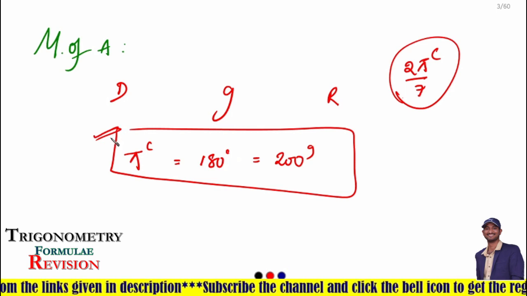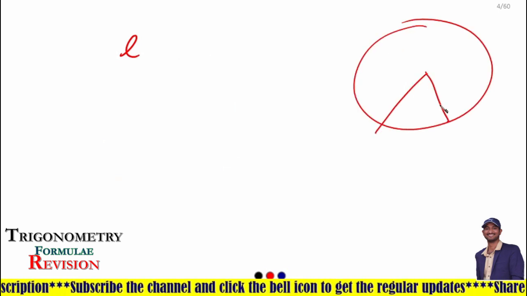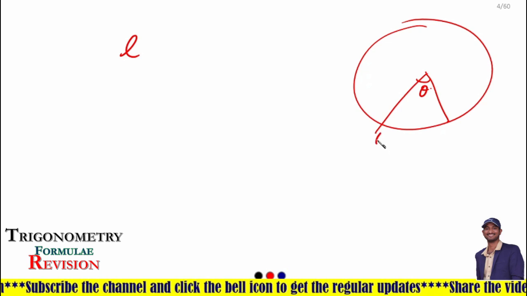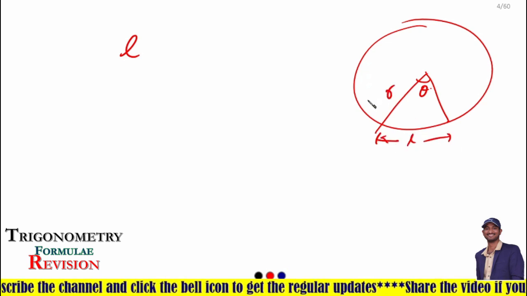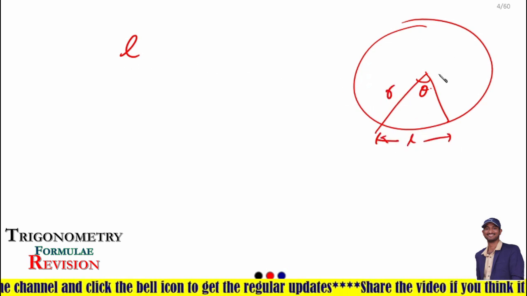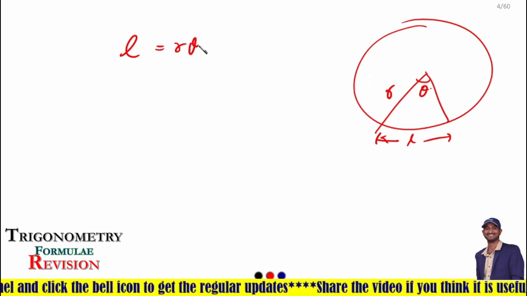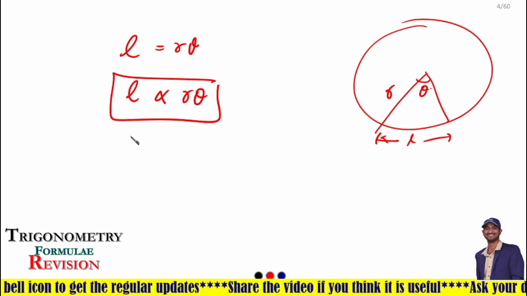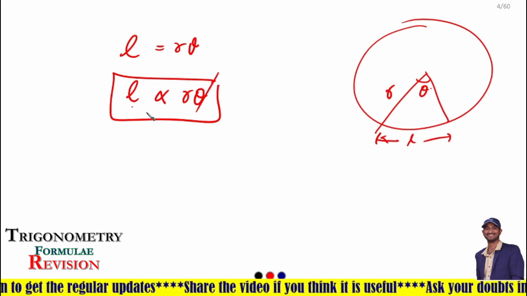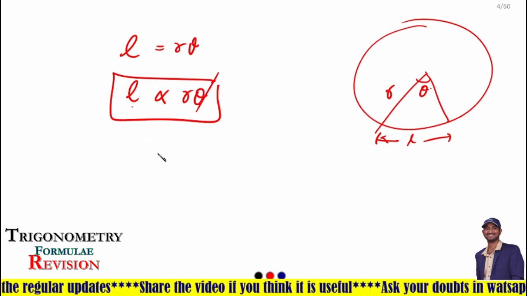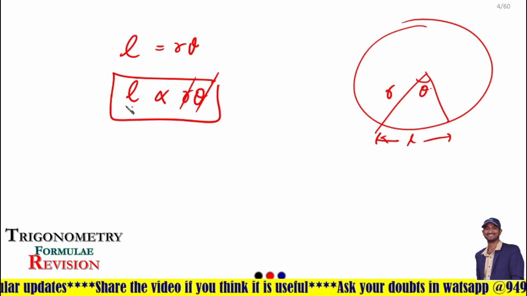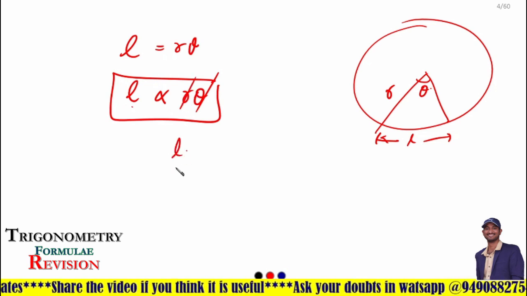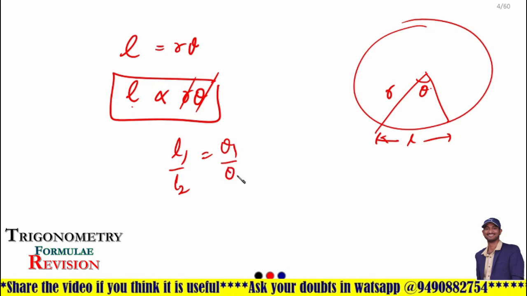And the next is length of the arc. Suppose in a circle, an arc makes a central angle of theta, and L is the length of the arc and R is the radius of the circle or sector, then L is equal to R theta. That means L is proportional to R theta. If theta is constant, L1 by L2 is equal to R1 by R2. Or if R is constant, then L is proportional to theta, or L1 by L2 equals theta 1 by theta 2.